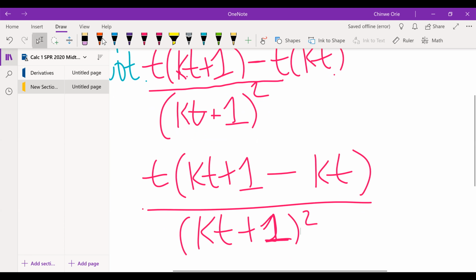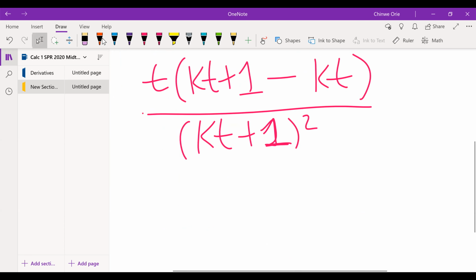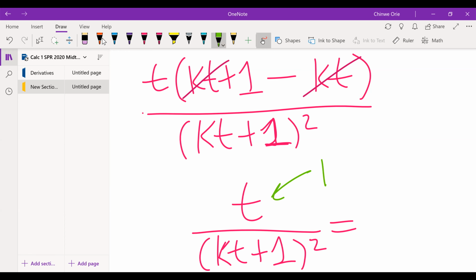Then you're left with t on the top, because these k's are going to cancel. You have t times 1, which is just t, and kt. This is why I said numbers at the end, because that makes it a lot easier to finish it off. So plug in 10, because it's 10 seconds.